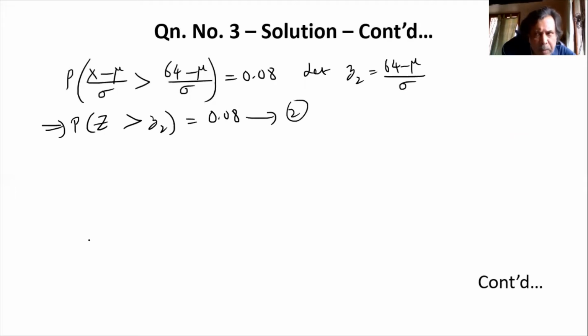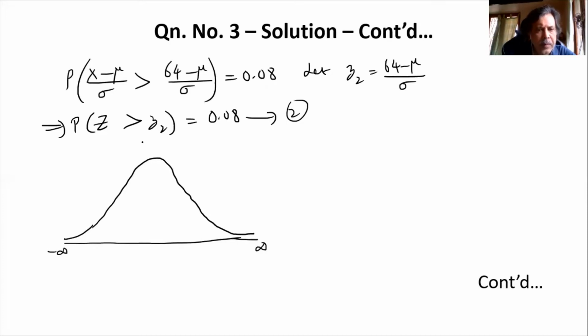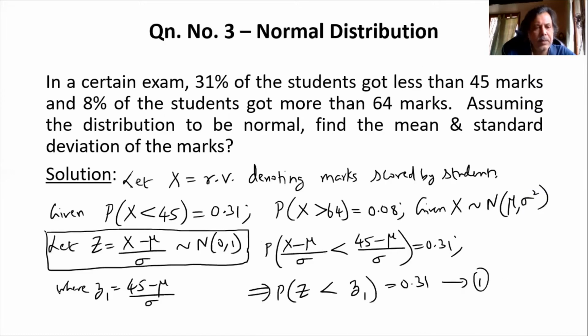Both put together, we will express it in a graph, a standard normal curve. It's a bell-shaped curve. Center value, since it is standard normal, we are putting it at 0. Now, marks less than 45, marks above 64, right?